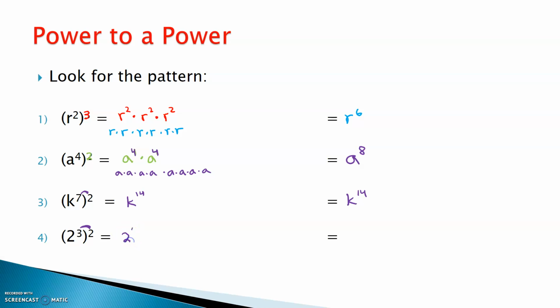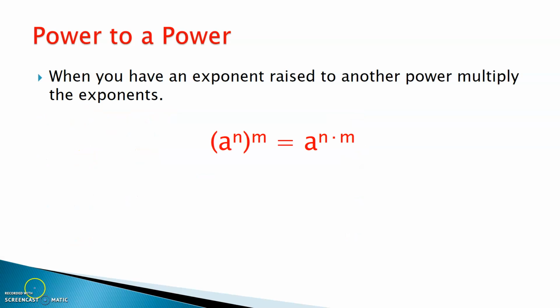That's going to be 2 to the 6th power. Whenever you have an exponent getting kicked up to another exponent, we multiply the powers. This is what we call power to a power. Take a second, pause the video, guys. When you're ready, hit play.